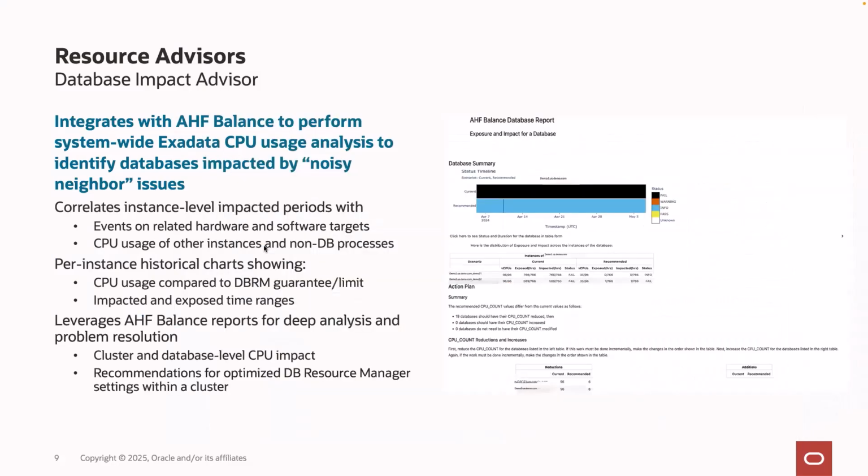And then we provide balancing reports, which is the advisory, and tells us how to configure the database, how many CPUs each individual database should have to make sure that we have the least amount of resources that we're competing about.